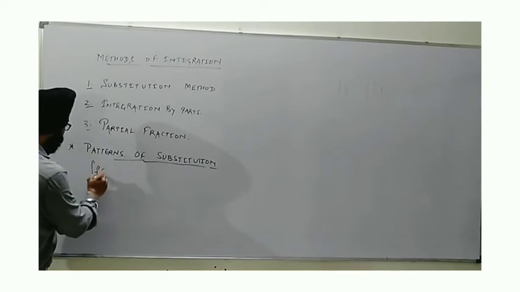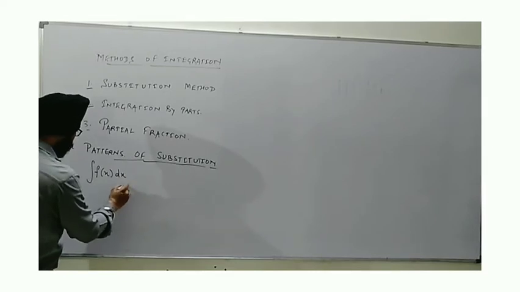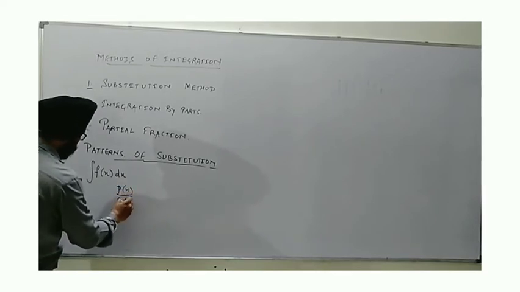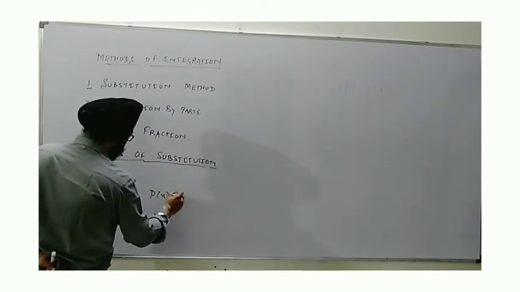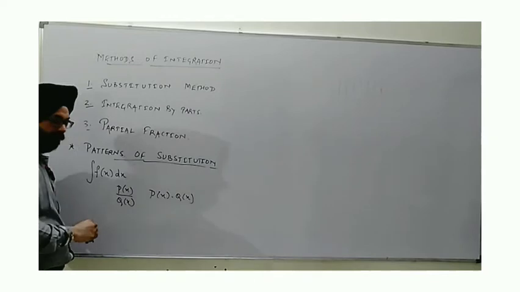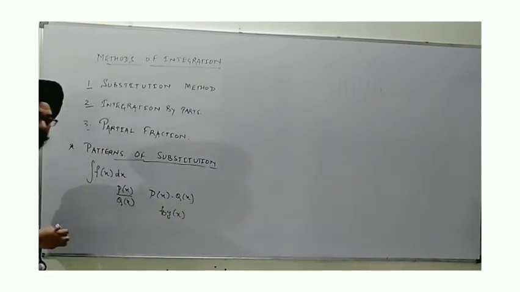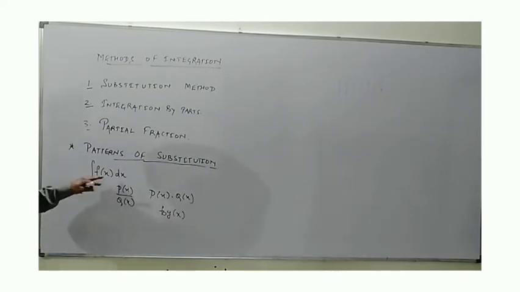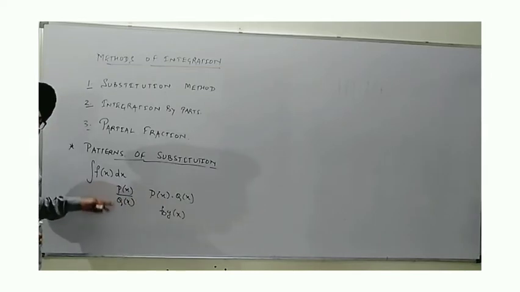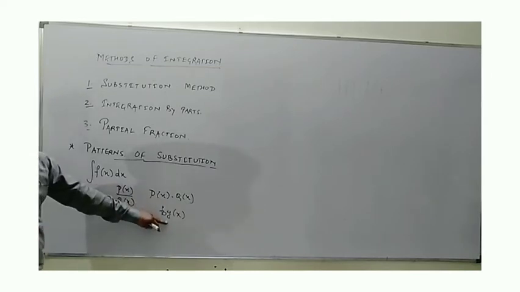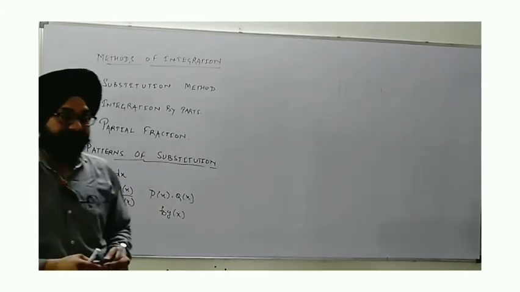Suppose integration is to be done of f(x), and f(x) is given in p(x) upon q(x) form, or p(x) into q(x) form, or I say you are given some function f of g(x), a composite function. So here we can conclude wherever you are given either the product of two functions, the division of two functions, or a composite function, in general we use substitution method to convert the given function into integrable form.